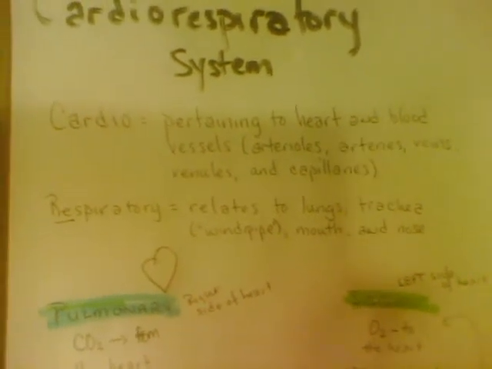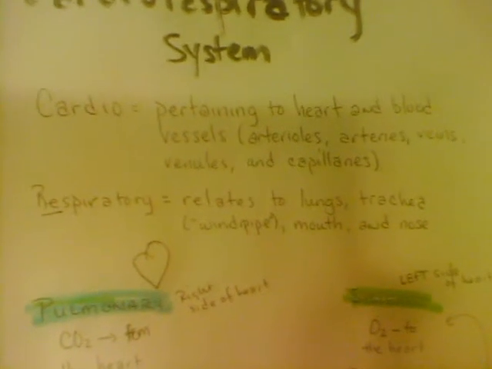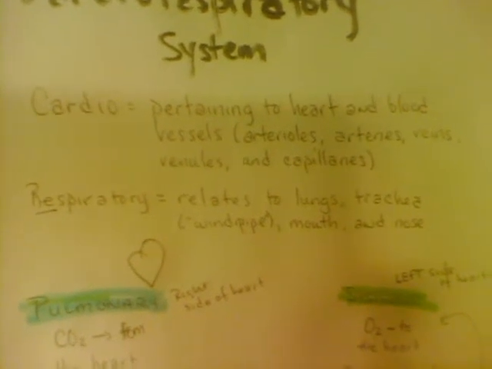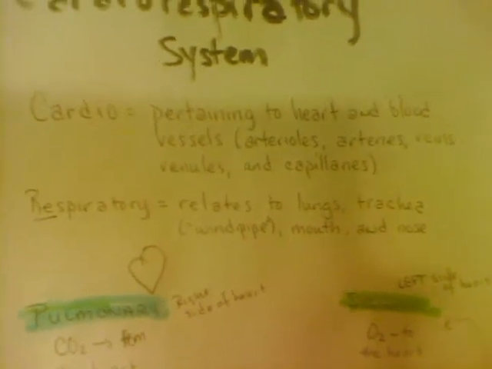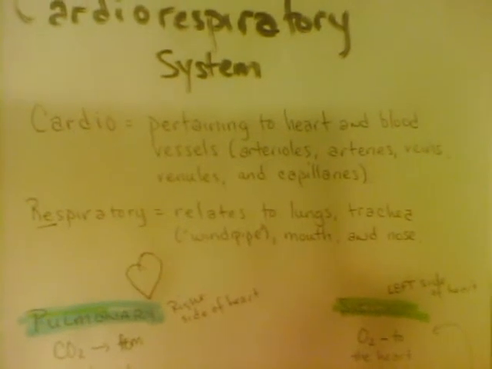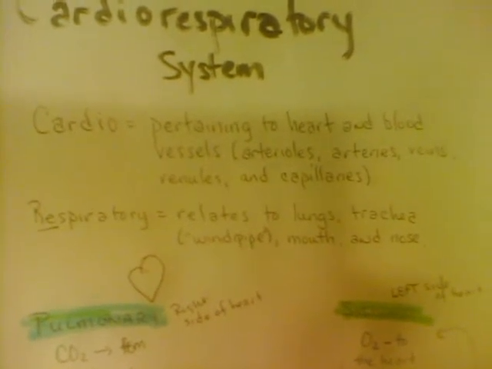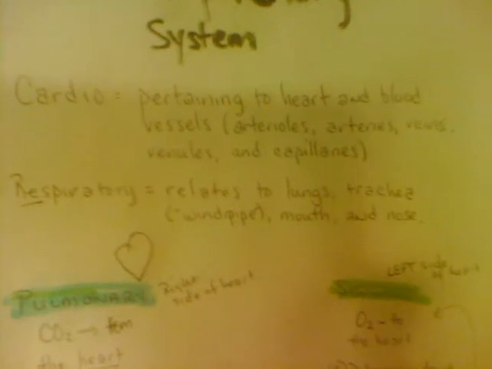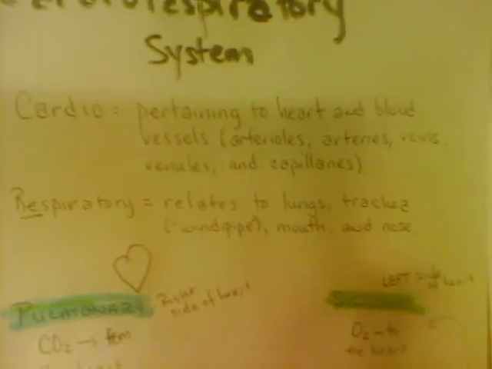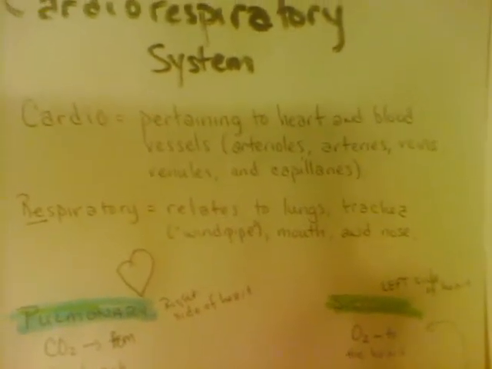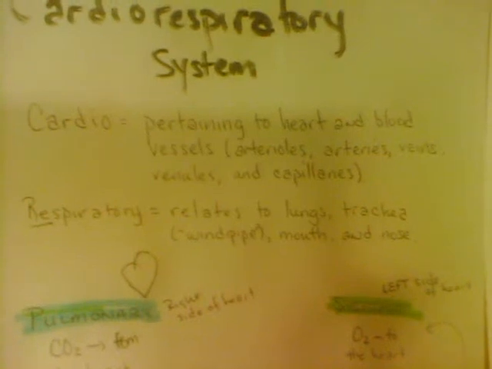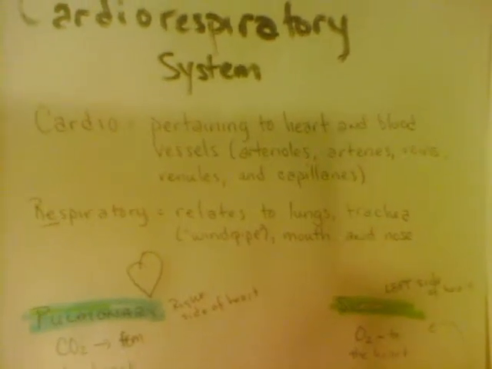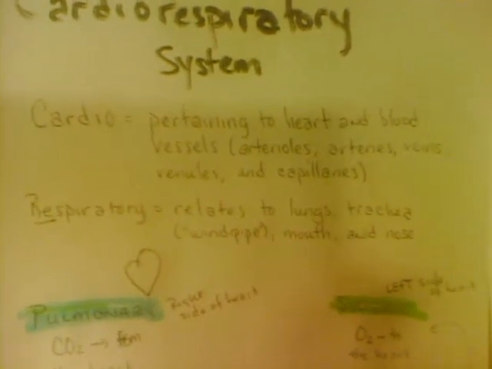Just to note, arterioles and venules are smaller versions of arteries and veins, respectively, and capillaries are the smallest blood vessels among them. When we're talking about respiratory, that has to do with lungs, trachea, mouth, and nose. So these are the critters that will help us to breathe properly, to take in oxygen, and to expel carbon dioxide out of our bodies.